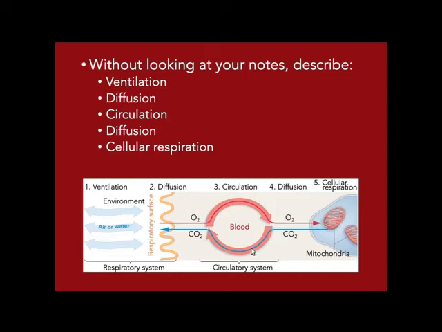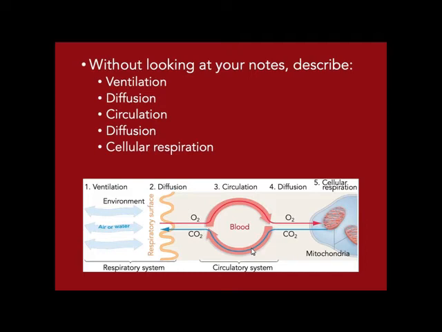What's this first diffusion? Yeah, that's when at the actual surface of the gills or the lungs or whatever, that's where the oxygen's coming in and the carbon dioxide going out. Okay. What's circulation? That's just where the stuff is getting moved around in the body. Okay. And then what's the other diffusion?